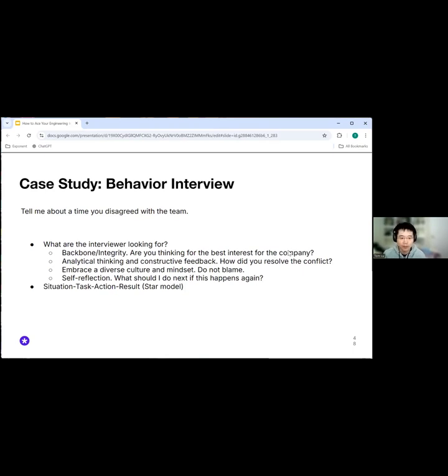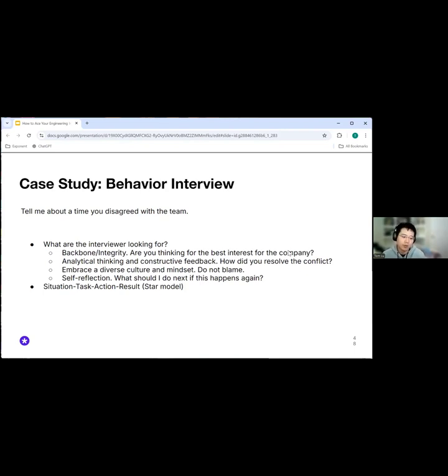Can you do self-reflection, right? If this is a process you optimize, what can you do differently to further optimize the process, right? If you ever encountered an outage, what can you do differently to prevent those outages from happening again?